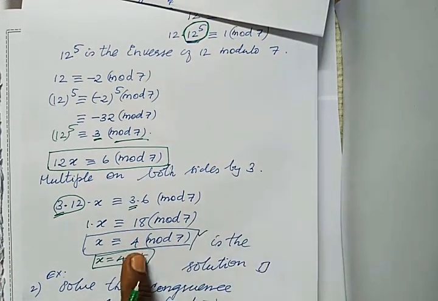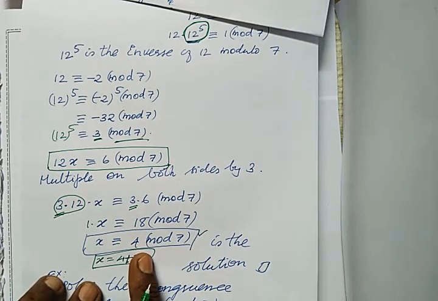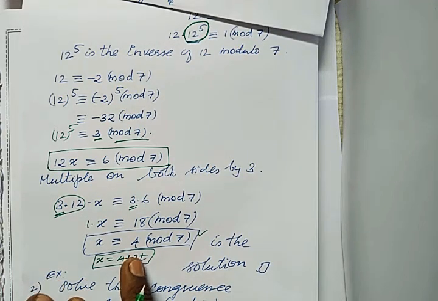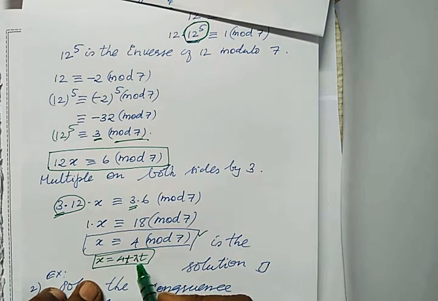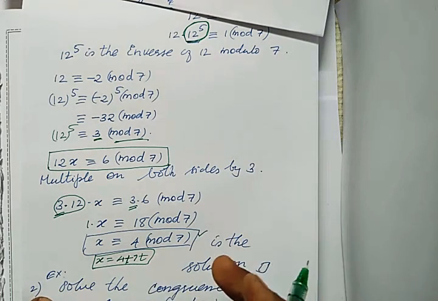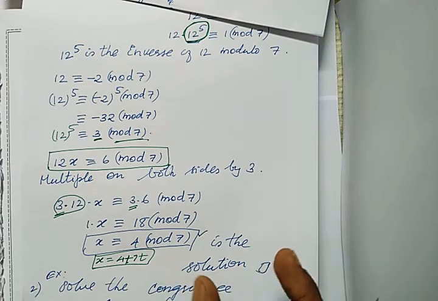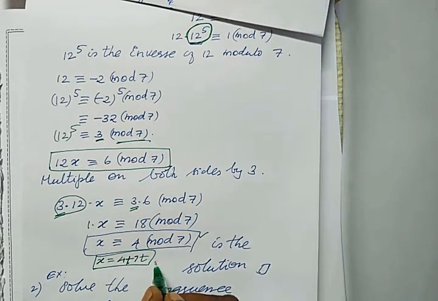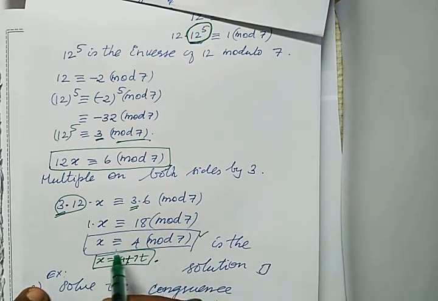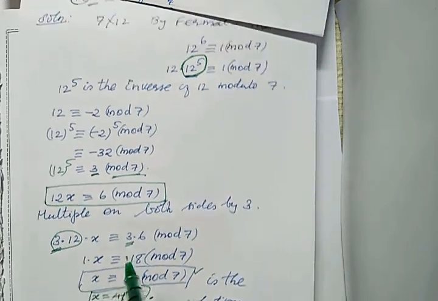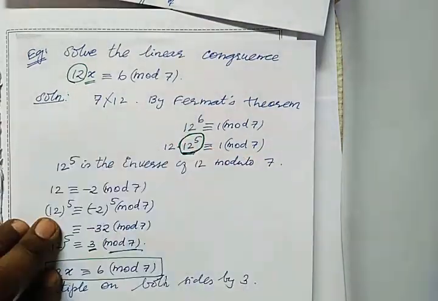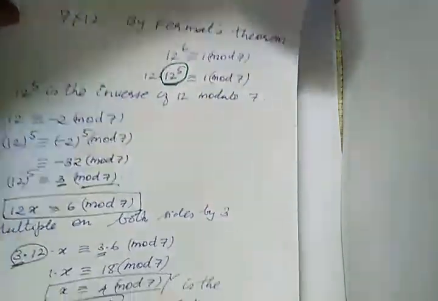Whenever we say unique solution, the uniqueness represents that the solution is the least residue. Unique solution means we mention that that number is the unique least residue solution. Okay students, we have found the solution x for this linear congruence.